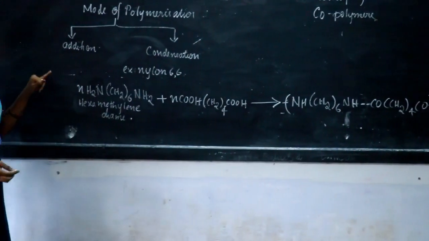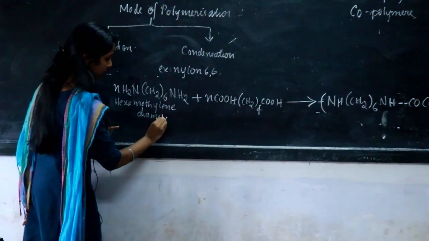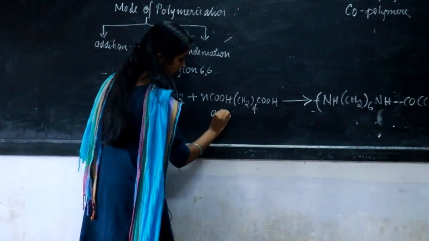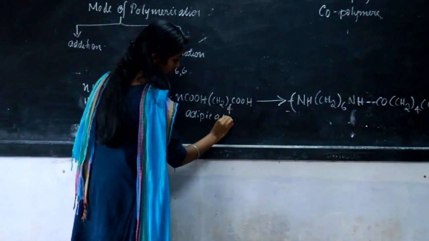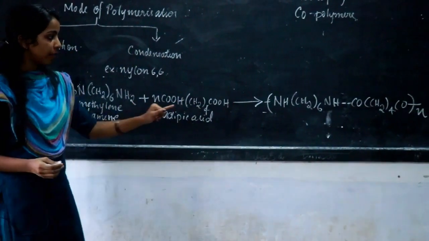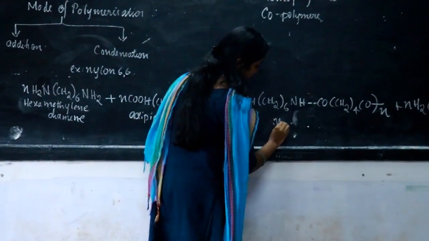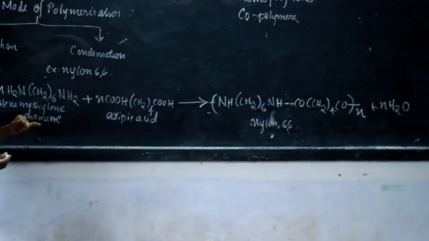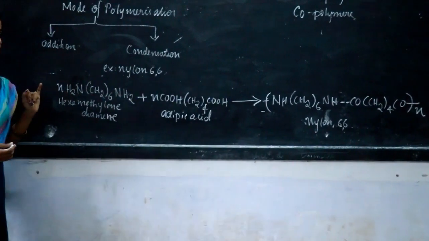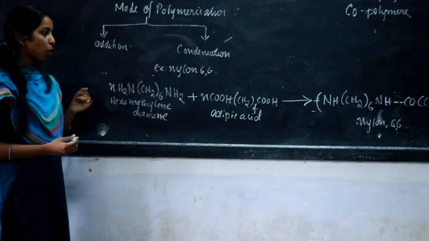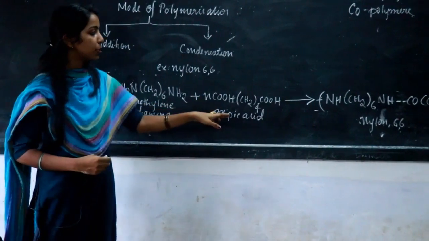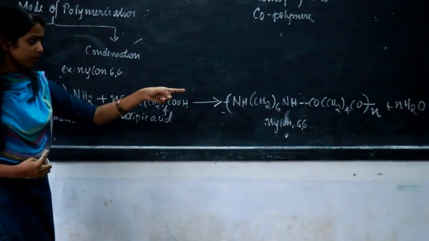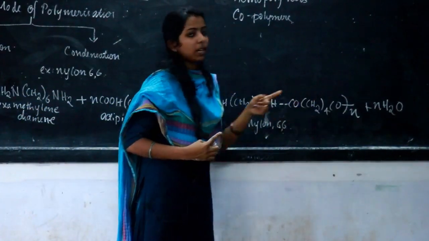That is, hexamethylene diamine and adipic acid polymerize to give nylon 66, along with water molecules. This is an example of condensation polymerization. Here two monomers are linked together to form a polymer along with elimination of a molecule of water.